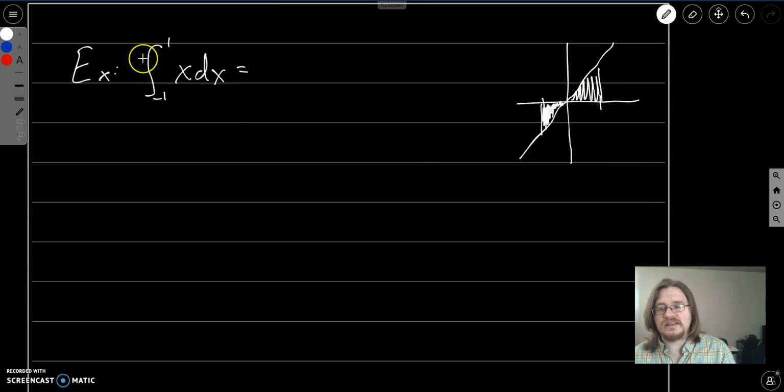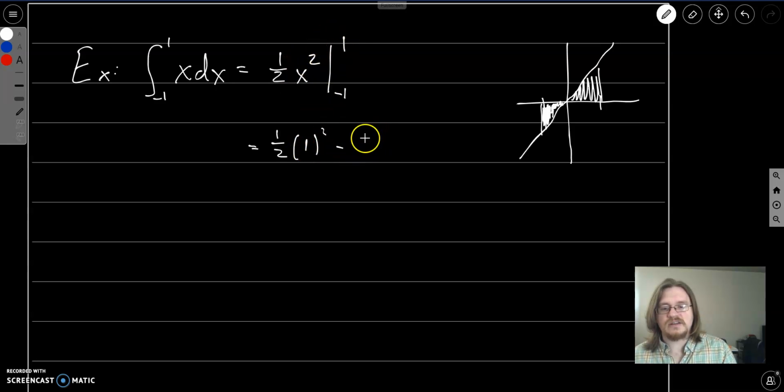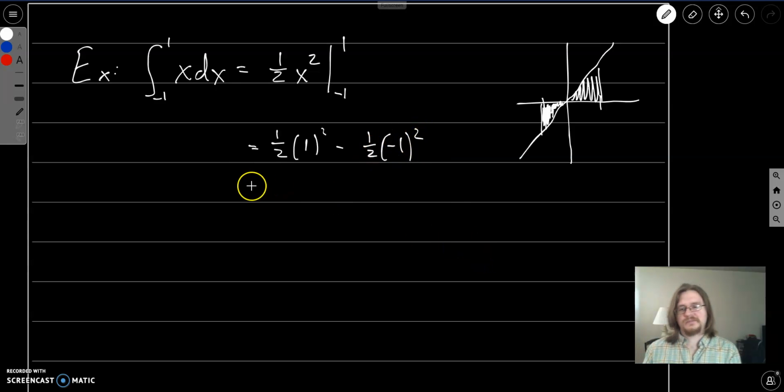So when I take the indefinite integral, the antiderivative of x, I'm going to raise x to the one higher power, and I'm going to divide by that power. So this is just taking the antiderivative, and then we plug in our bounds, 1 and -1. So we get 1/2 x squared, so x is going to be 1 squared, and I'm going to subtract 1/2 times -1 squared.